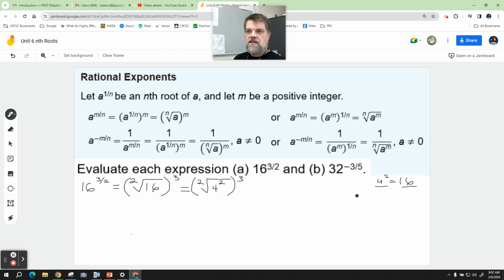Does that make sense? So then the next step is to convert it back to rational exponents, right? We said that's the same as 4 raised to the 2 over 2, but now we're going to raise that to the third power. Well, that's the same as 4 to the first power cubed.